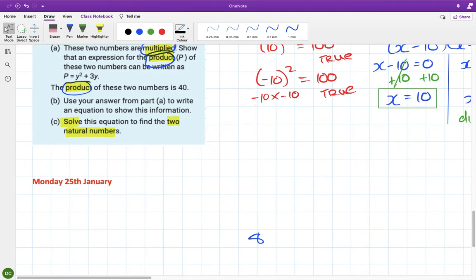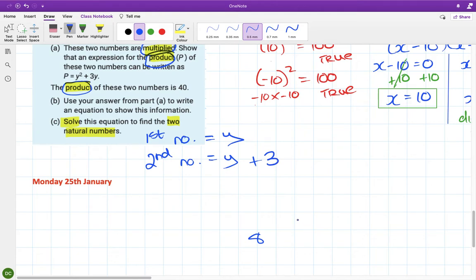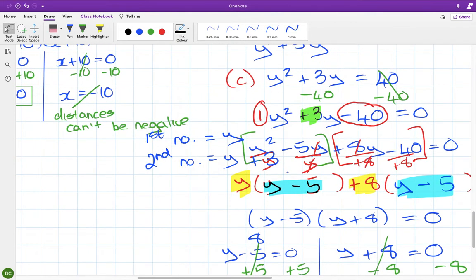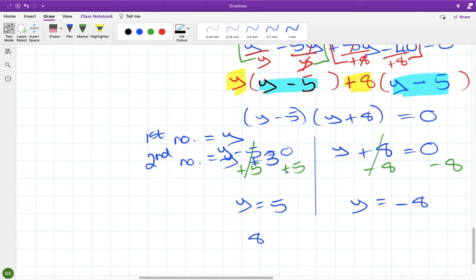Solve this equation to find the two natural numbers. If you remember, the first number was y and the second number was y plus 3. We have two options, so we either have the 5 or the minus 8.